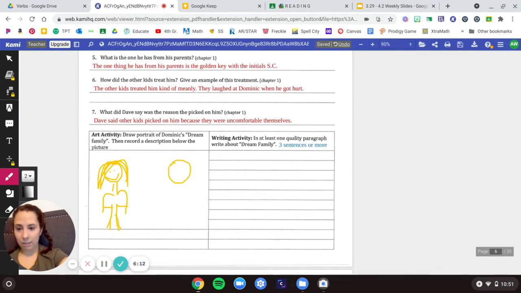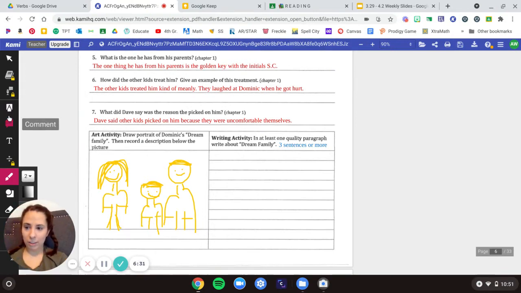And then now we'd have just my quick sketch over here of the dream family.